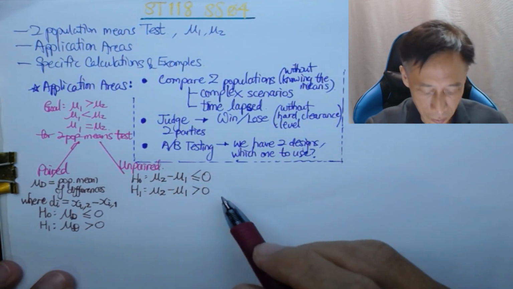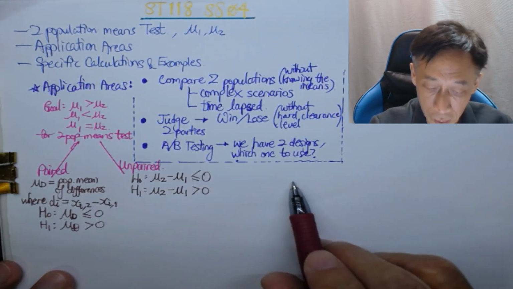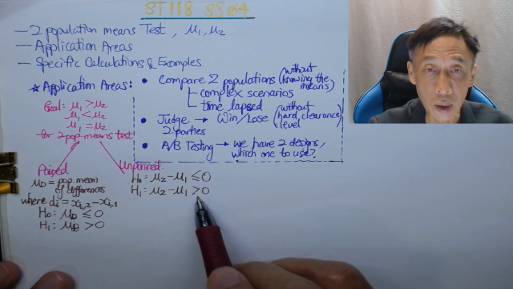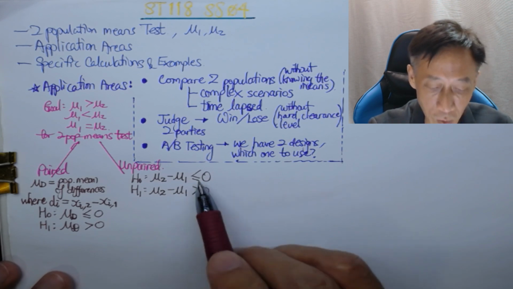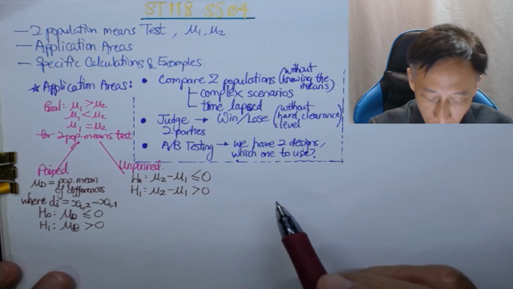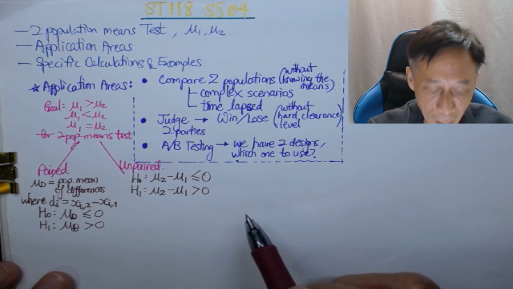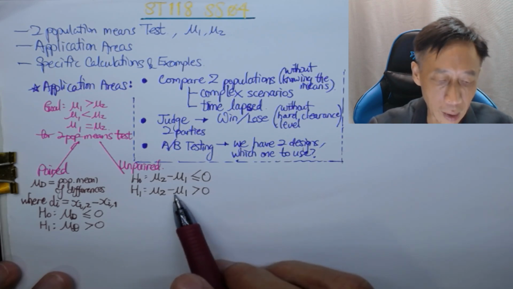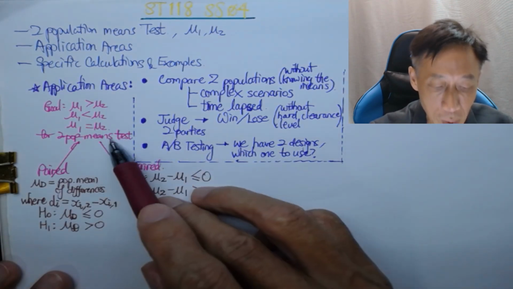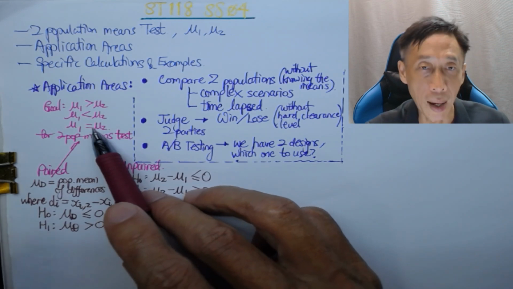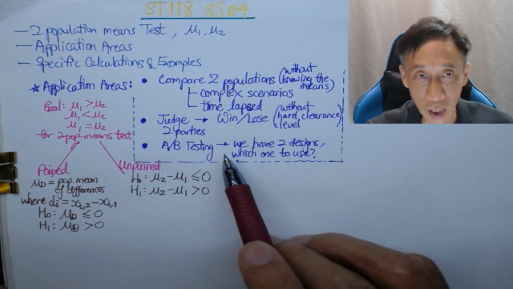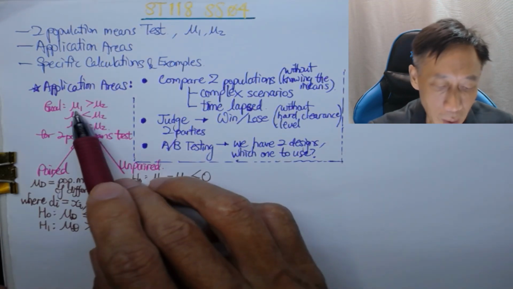And I don't need to waste the rest of the bandwidth here to repeat the fact that it could also be less than 0 and greater or equal to 0 and so on. But what I do want to elaborate a little bit more on is to refer you back to the goal here, right? Remember, our goal is to compare, so that we can make appropriate action, reaction decisions.